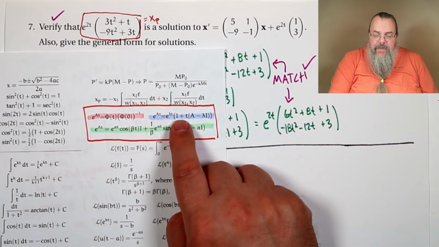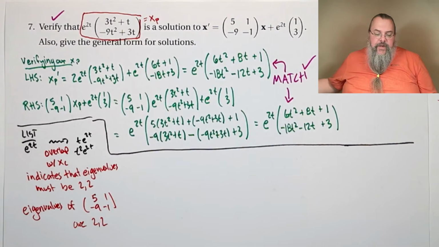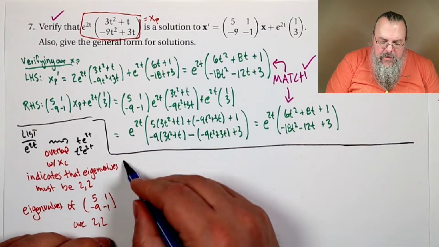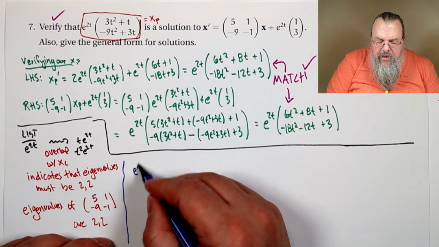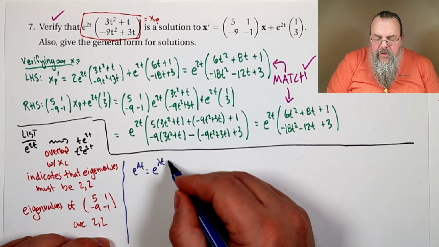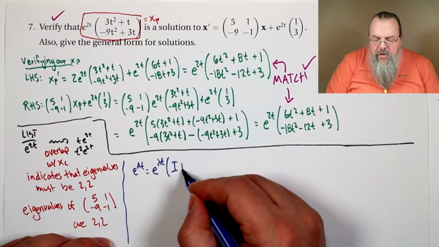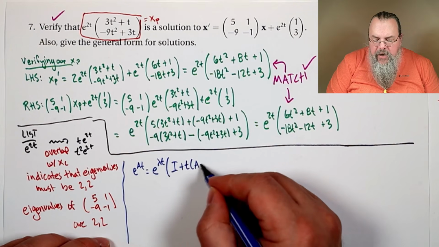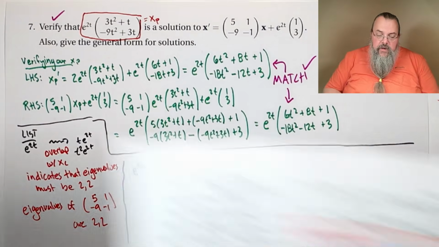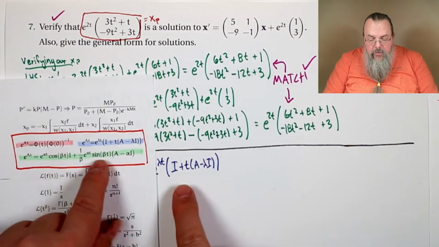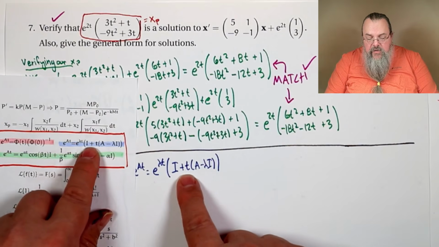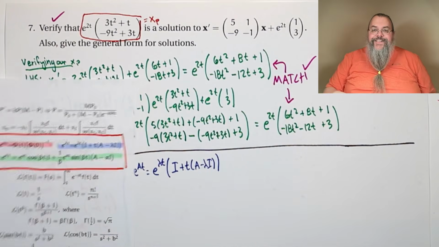So we have a nice formula for e to the At. e to the At is e to the lambda t times the identity plus t times (A minus lambda I). I'm just going to quickly double check because I'm paranoid that I wrote that down correctly. e to the lambda t, identity plus t, A minus lambda I. Okay, yeah, that's good.